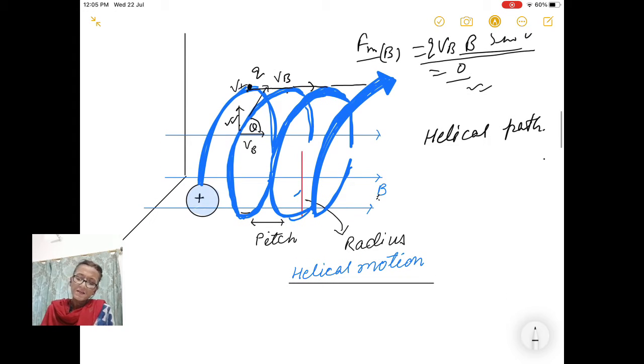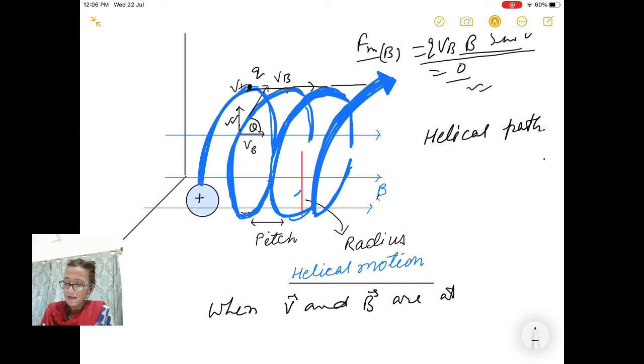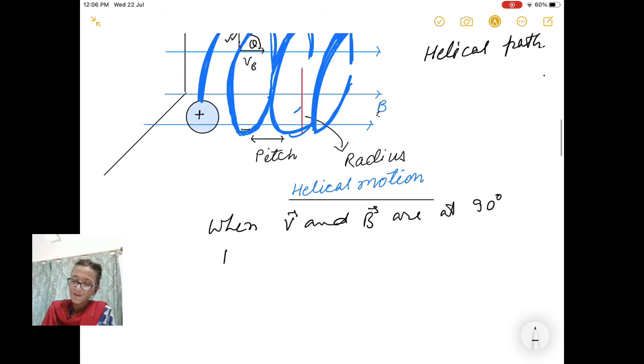So we see that a charged particle, when it moves in a magnetic field, can have two kinds of paths. One, a circular path, when velocity and magnetic field are at 90 degrees.